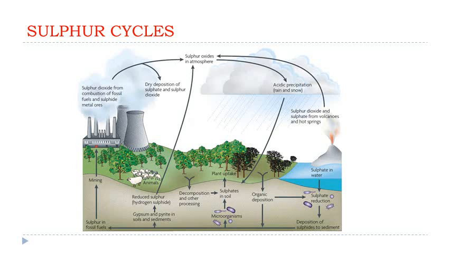Another source of sulfur compounds is volcanic eruptions. The volcanic eruptions and hot springs release sulfur into the atmosphere in the form of sulfur dioxide and sulfate, right? And the third source of sulfur entry is the sulfur compounds released during the decomposition process.